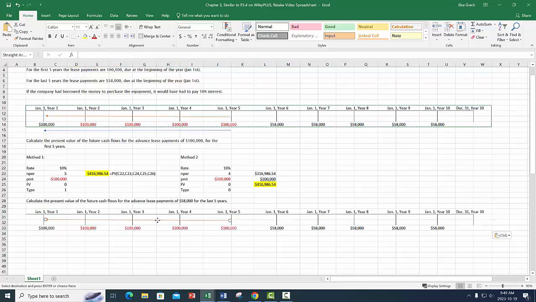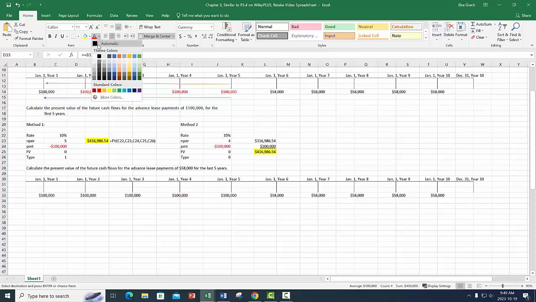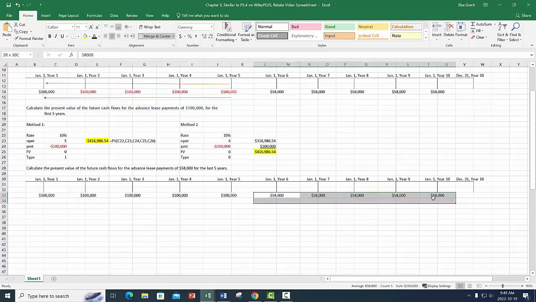I'm going to get rid of this arrow because I don't want that. And I'm going to change this from red back to black. Now, what I'm doing is I'm looking at these payments right here, this period of time, and I can do it in two different ways. Let's use method one.